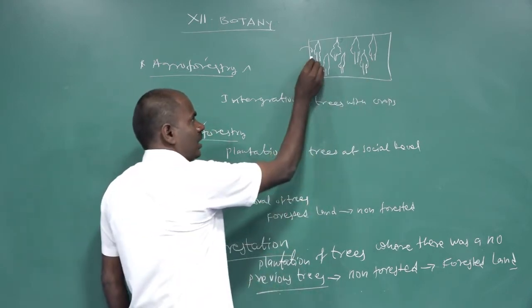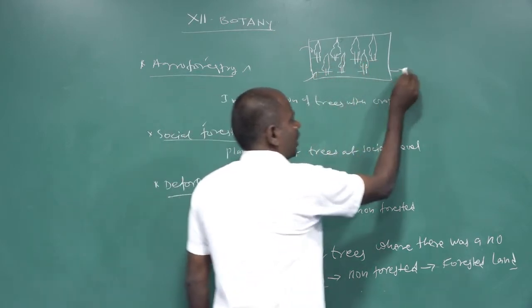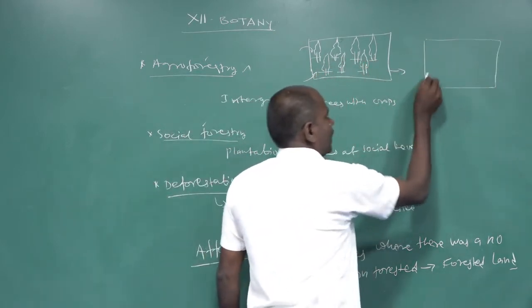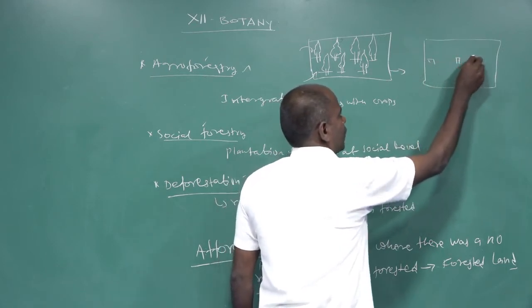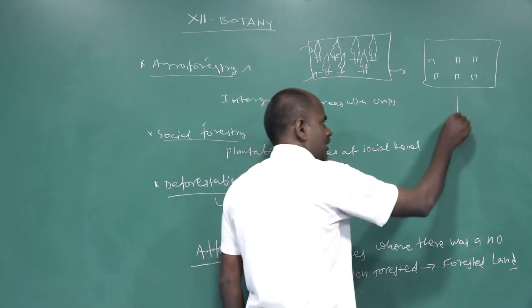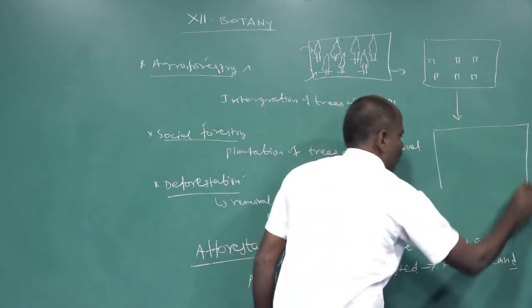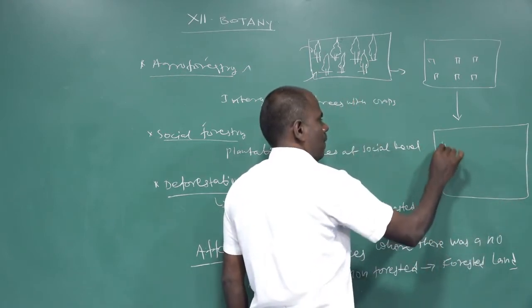When we cut or remove the trees, it becomes deforested land. Again, this deforested, non-forested land is converted by plantation of trees.